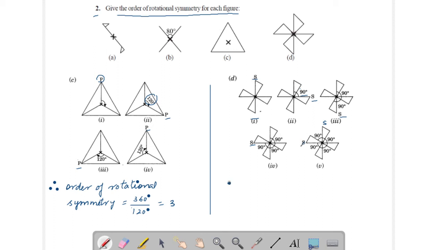Therefore, order of rotational symmetry equals 360 degrees divided by 90 degrees. If you solve it, you will get 4. Therefore, order of rotational symmetry in this case is 4.